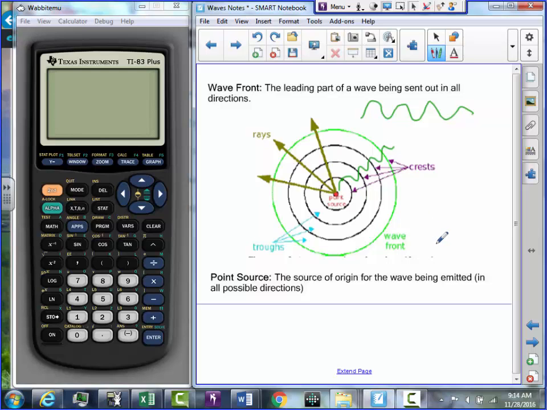And so we draw it like this to help recognize the fact that this is really three-dimensional. It's not in one or even two dimensions. Can you guys visualize how that's supposed to work? So these lines represent the top of all of the waves. Like that.